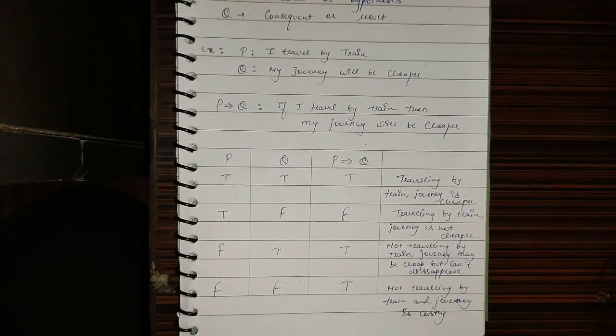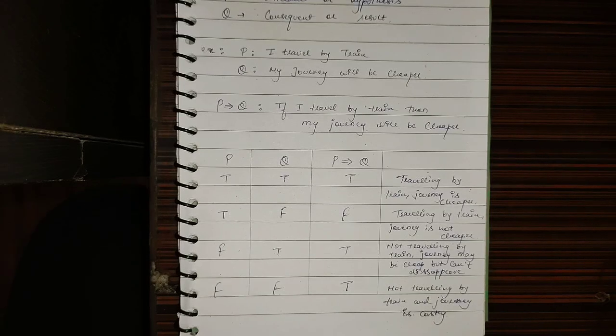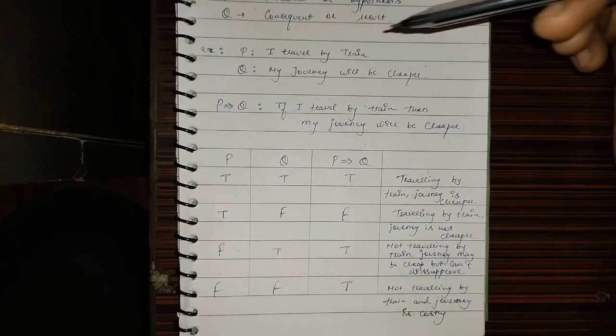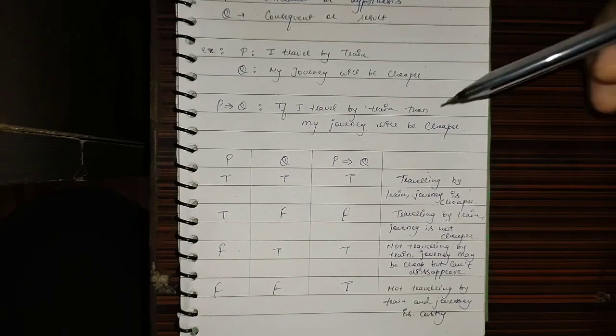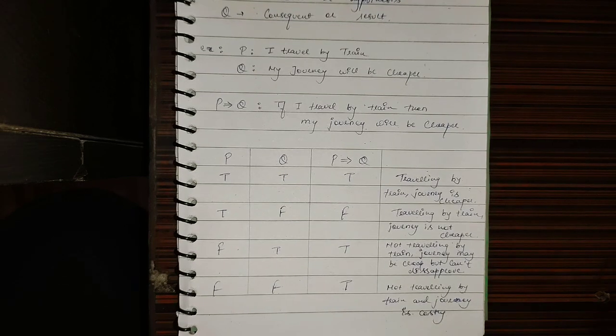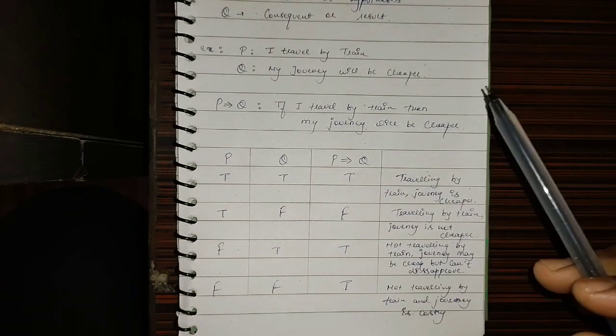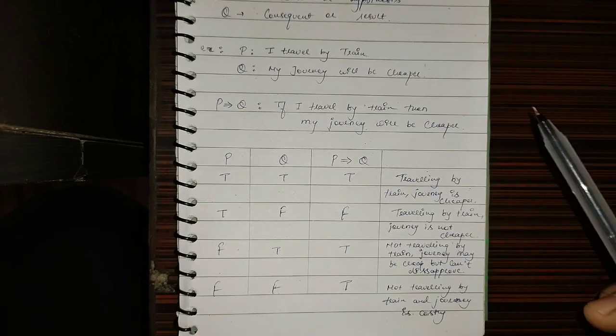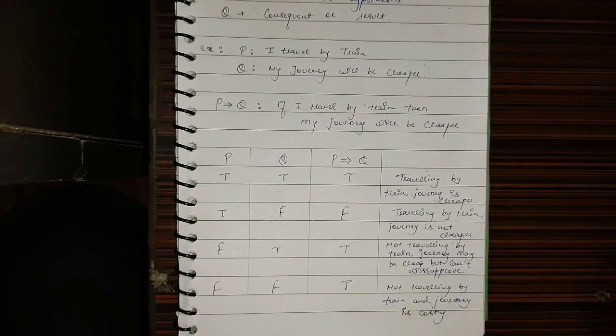So the conditional statement that we can generate using P and Q will be, if I travel by train, then my journey will be cheaper. This is the conditional statement. Here I am using a condition that if I am going to travel by train, then my journey will be cheaper.